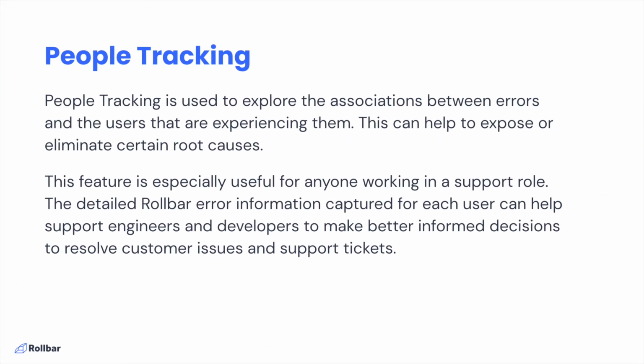All right, so on to the next feature then. People tracking, this is another useful feature. It's basically a way of collecting supplemental data about the users in your system that are experiencing problems. Folks in a support role can look at the specific user info so they can get a better user story for a particular entity.